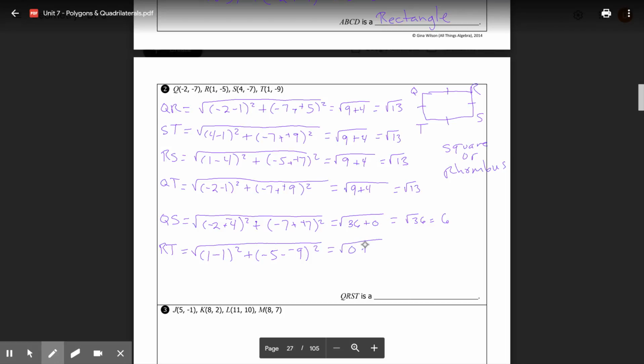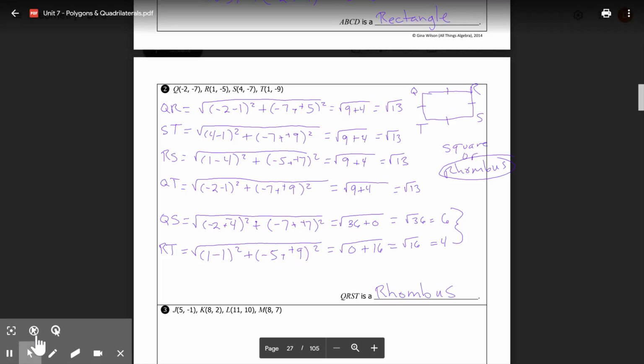So we have 0 plus -5 minus -9 is the same as adding 9. So that would be +4. And 4 squared is 16. So 0 plus 16 is the square root of 16, which is 4. These are not the same. So because these are not the same, it tells you that it is a rhombus. So QRST is a rhombus.